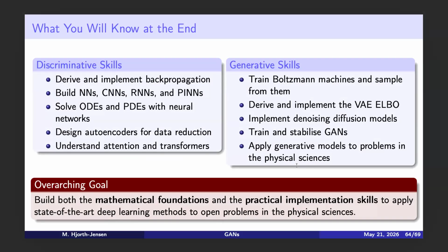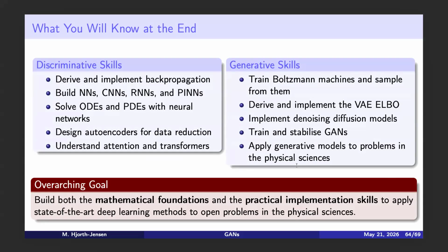This course doesn't focus only on the mathematics of the methods, but it also has a lot of codes where you can look at practical implementations to apply state-of-the-art deep learning methods. So the course is essentially deep learning methods, discriminative and generative ones.